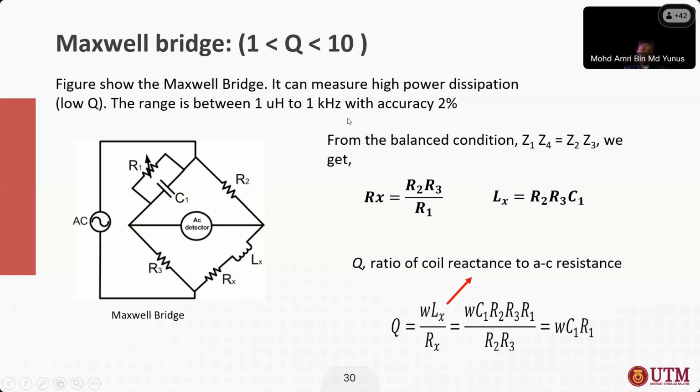In the same process, using the balance condition, it can be proved that the unknown value of Rx will be equivalent to R2 times R1 over RT, and the unknown value of the inductor Lx will be R2 multiplied by RT multiplied with C1.